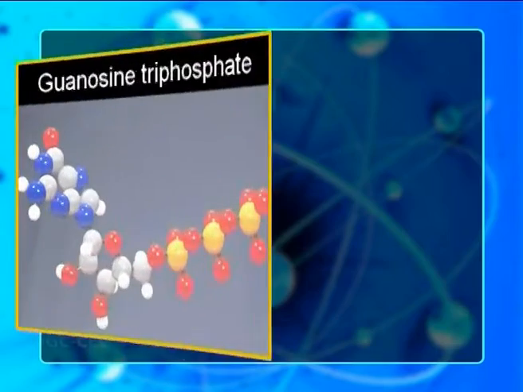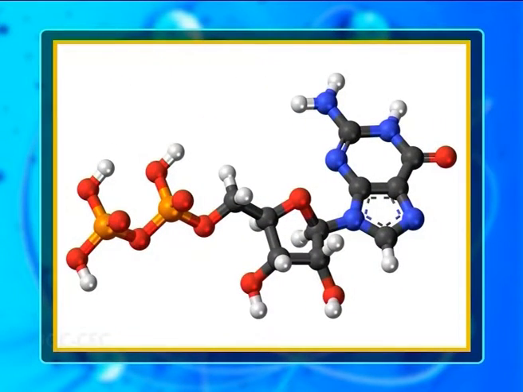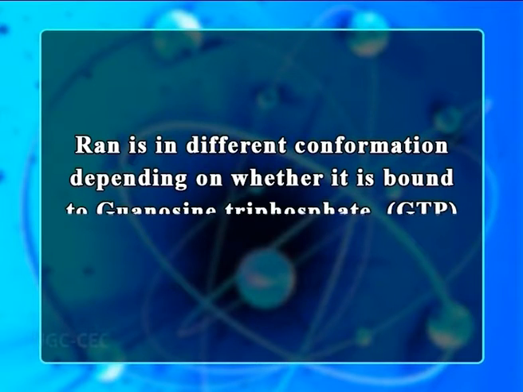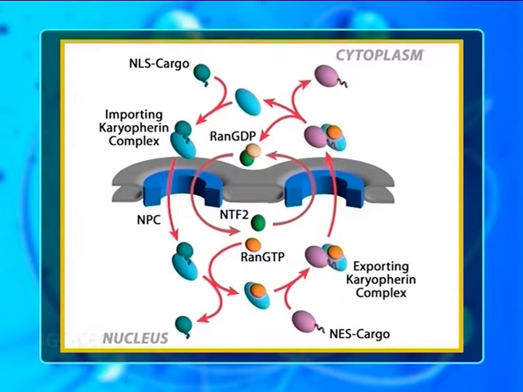GTPases are enzymes that bind to the molecule called guanosine triphosphate, abbreviated as GTP, which they then hydrolyze to create guanosine diphosphate and release energy. RAN is in a different conformation depending on whether it is bound to GTP or GDP. In its GTP bound state, RAN is capable of binding karyopherins, importins and exportins.